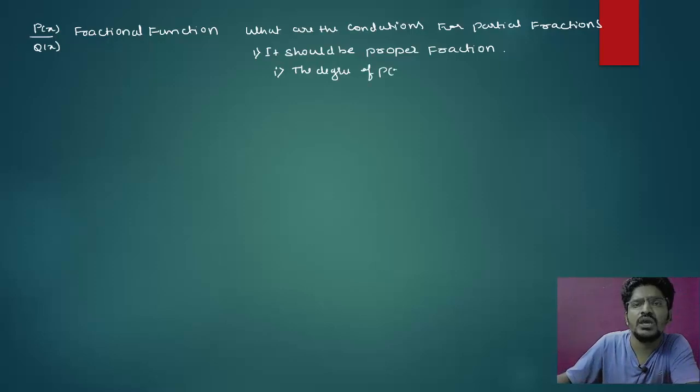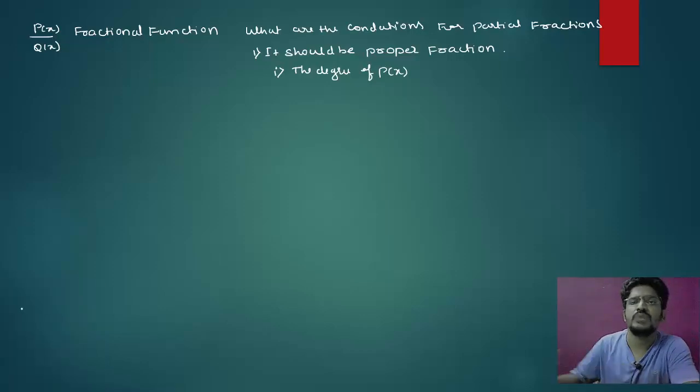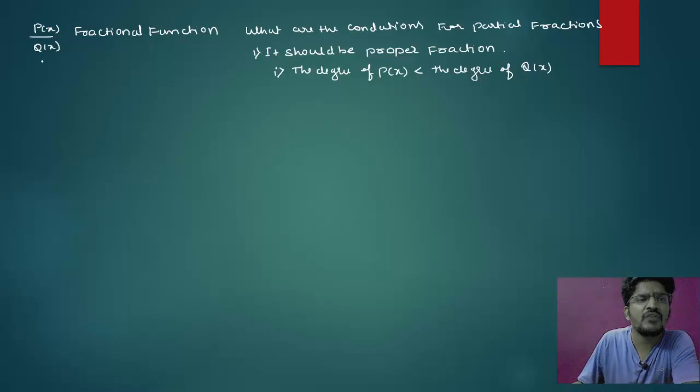The degree of p of x must be lesser than the degree of q of x. So see here, p of x by q of x is called a partial fraction.